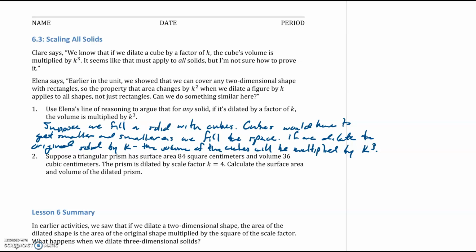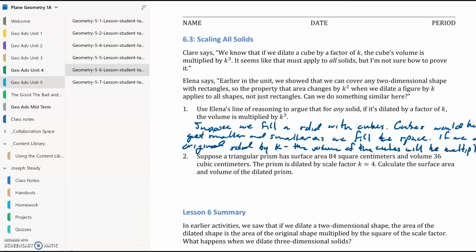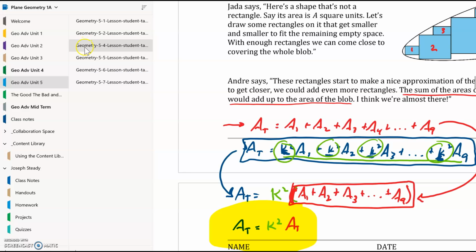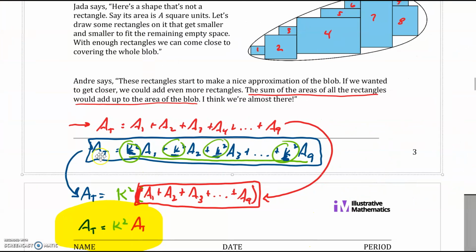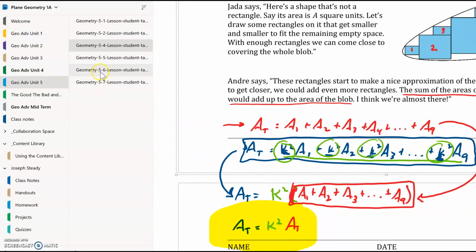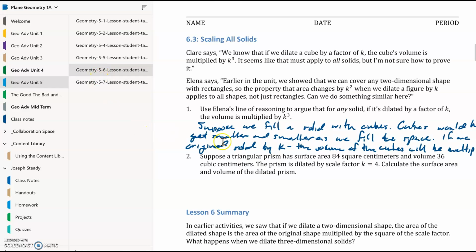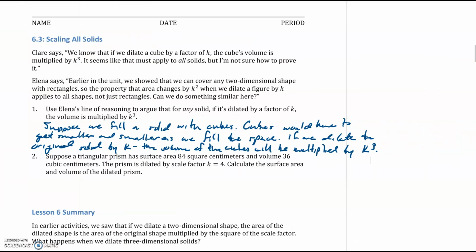And then we could use the same distributive property that we did back in lesson 5.4, where we took all these k squareds out in front and factored them out. So that same idea would happen here, and I'll show it to you.